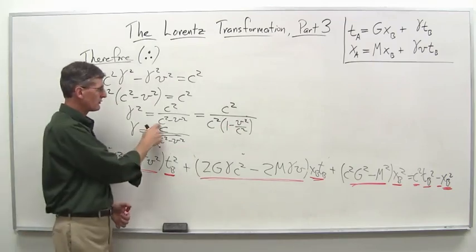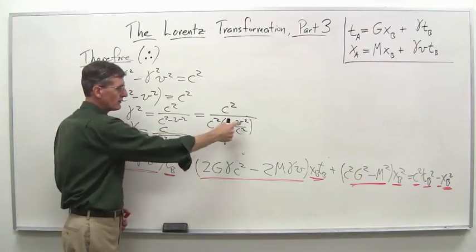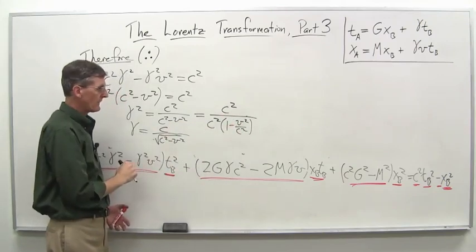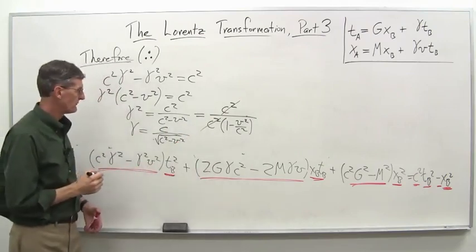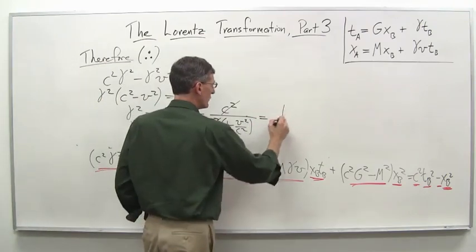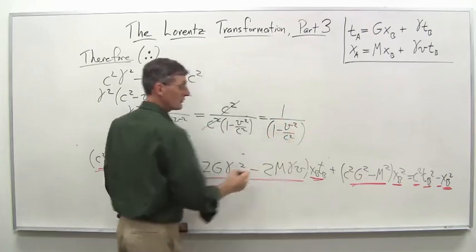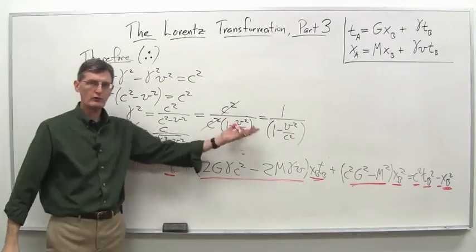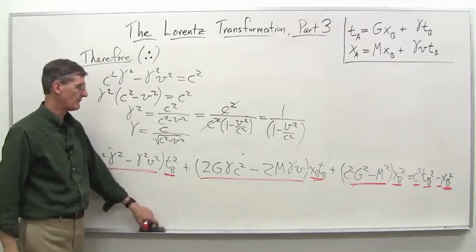All I did is note that c squared minus v squared is the same thing as this, because c squared times 1 is c squared, and c squared times v squared over c squared is just v squared. Once I do that, I can cancel the c squareds, and I'm left with 1 over 1 minus v squared over c squared equals gamma squared. Take the square root, and lo and behold, yes, it does equal our familiar Lorentz factor gamma.